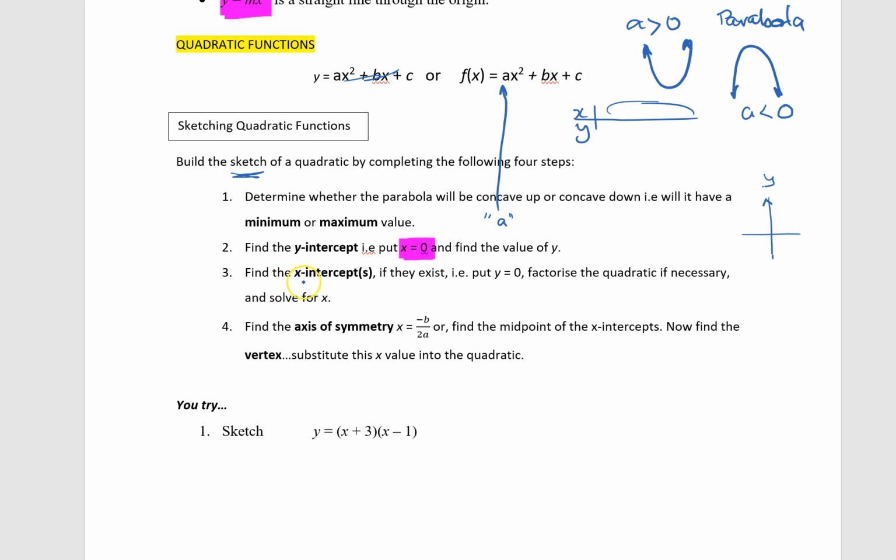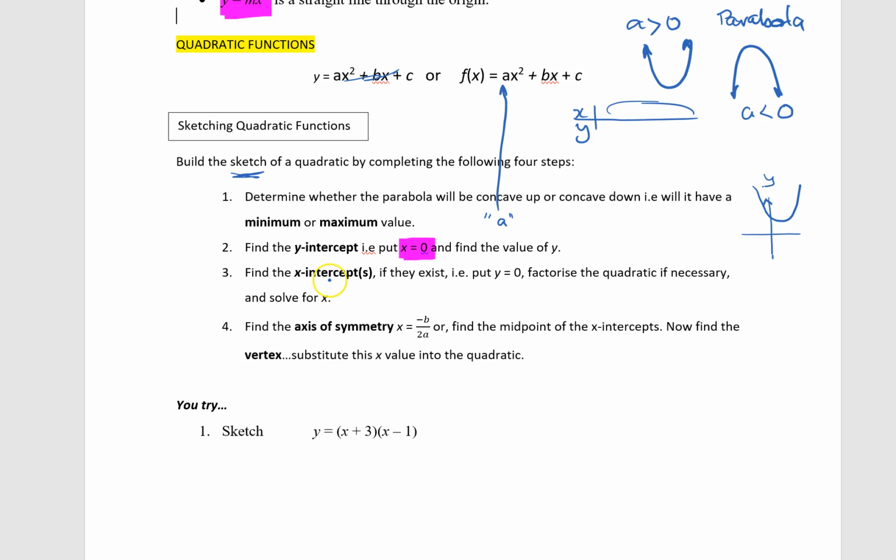Move on to find the x-intercepts, if they exist. Now, you may wonder why I'm saying if they exist. Well, it is actually possible to draw a parabola up here, and that's an example of a parabola where there aren't any x-intercepts.